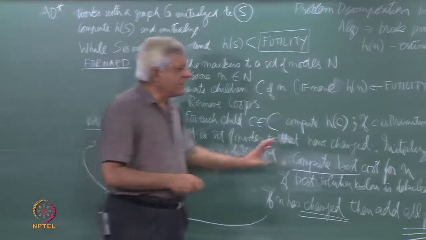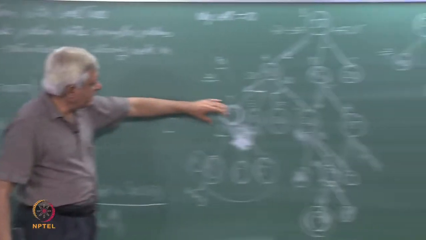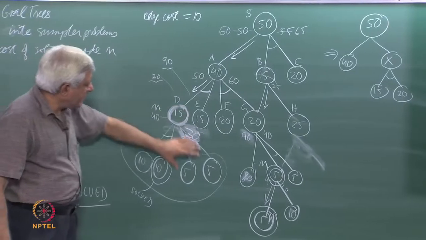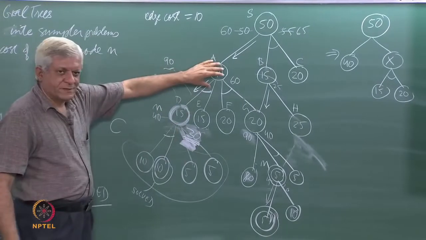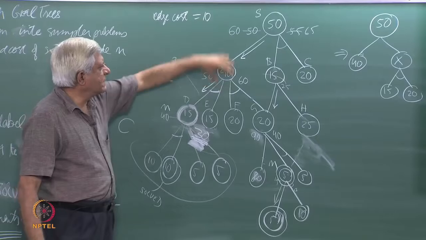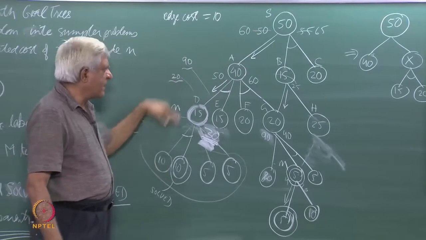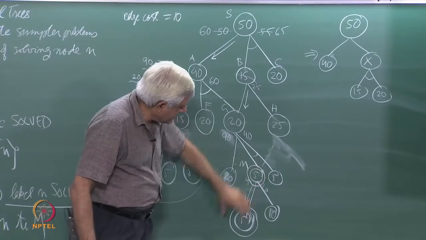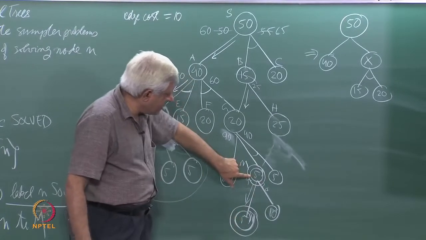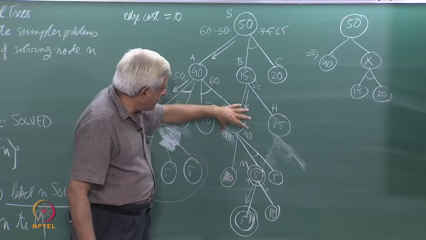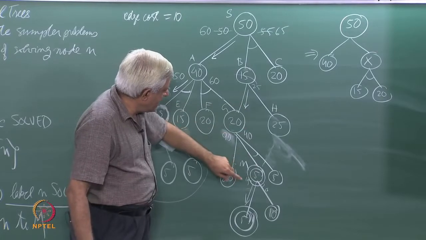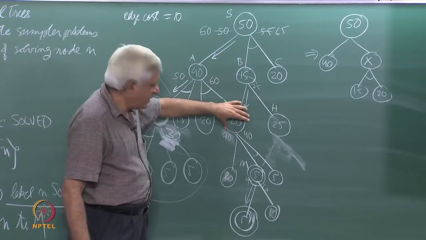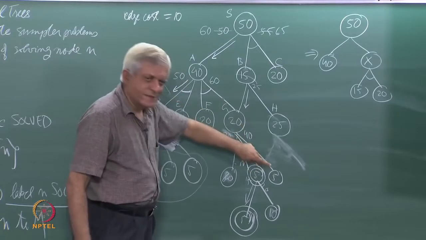Initially I will add only this node n to m, because it has changed I will add this parent here also, and because this has changed I will add this parent. In this way the revised value will propagate up. In this example, if this has changed, I will get a new label solved. So, I will add this to m, but this cannot be labeled solved because that branch still is unsolved.